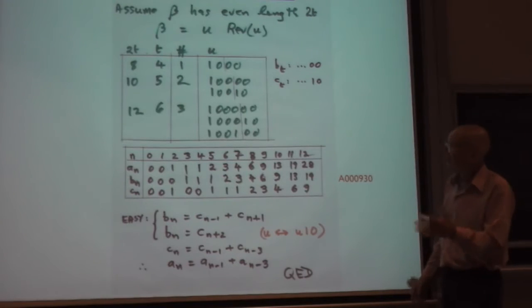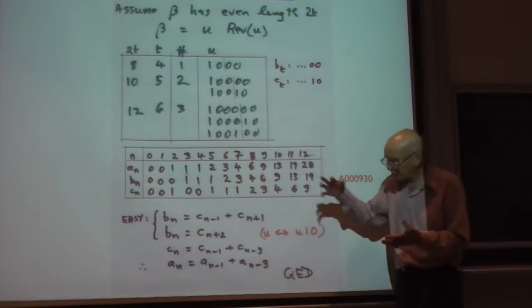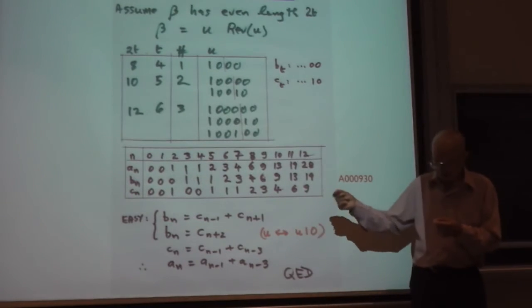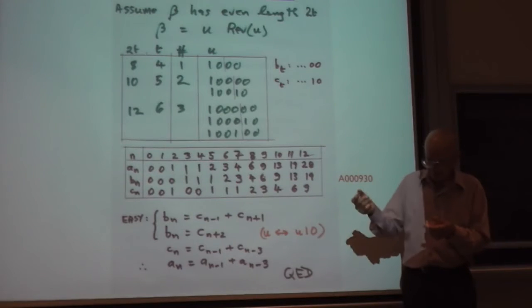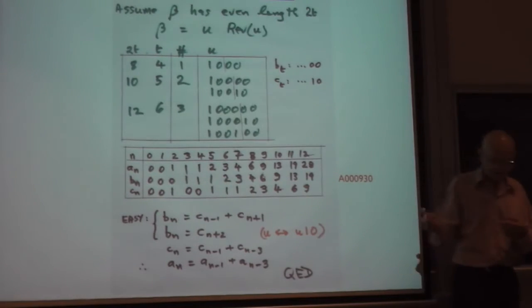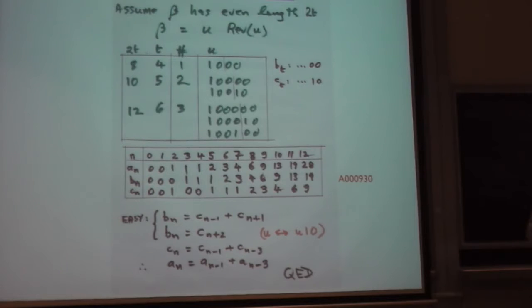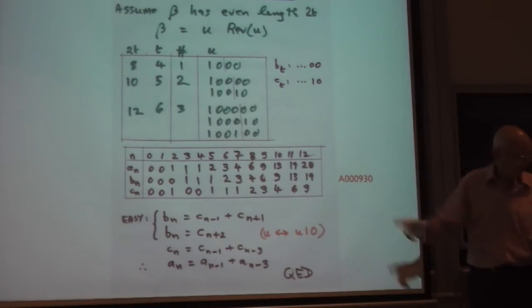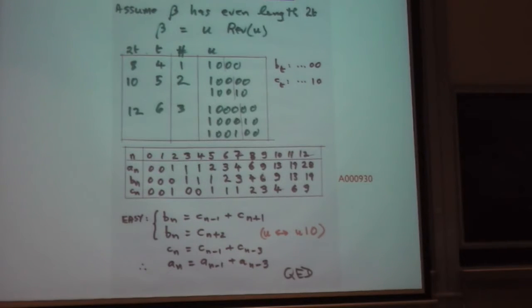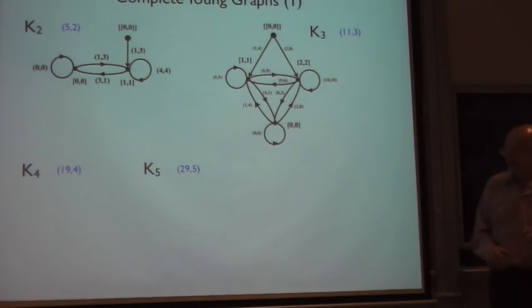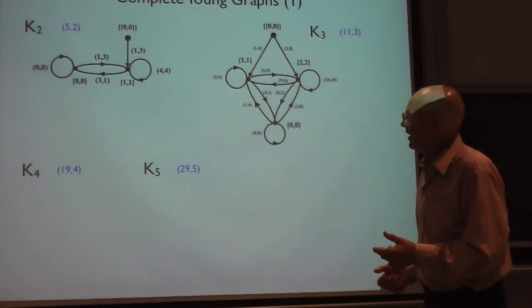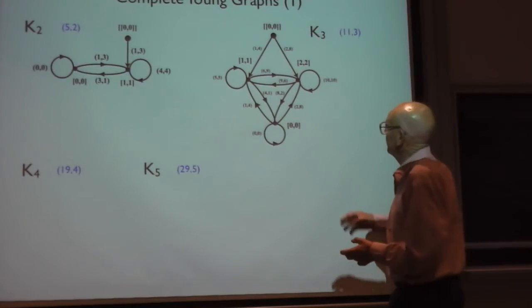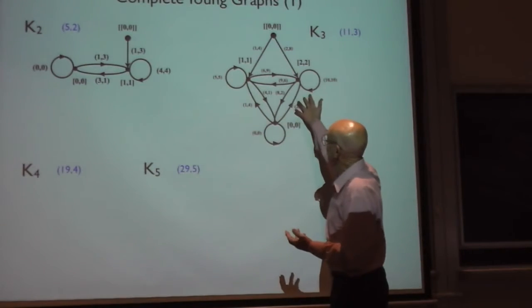By direct counting, we can show that the number of these betas is equal to the numbers that come out of the generating function that we got from the adjacency matrix. So that proves, modulo that conjecture, that we've established what all of the reverse multiples are in this case for the cyclic graphs. At the other extreme, the graphs with the maximal number of edges are the complete graphs.